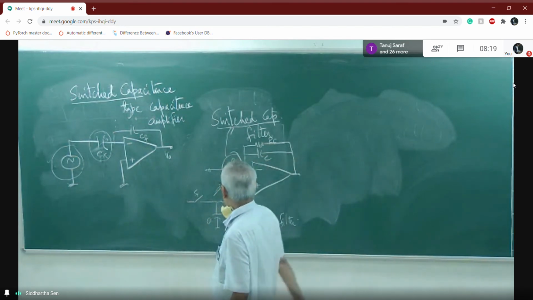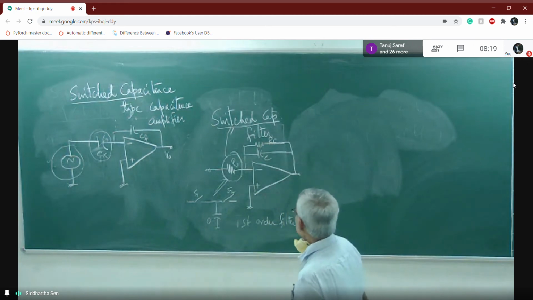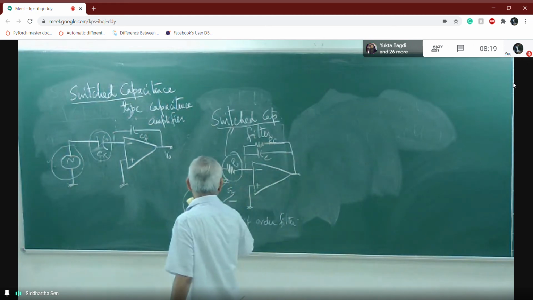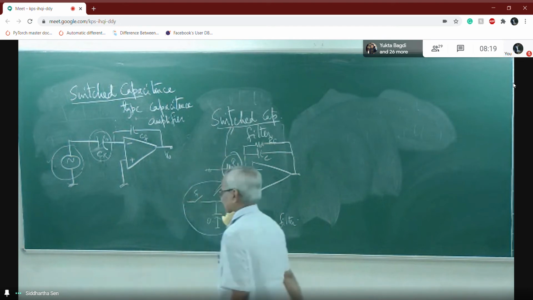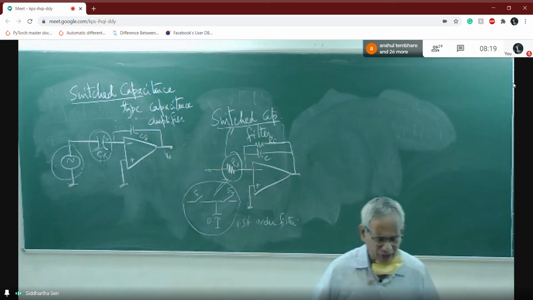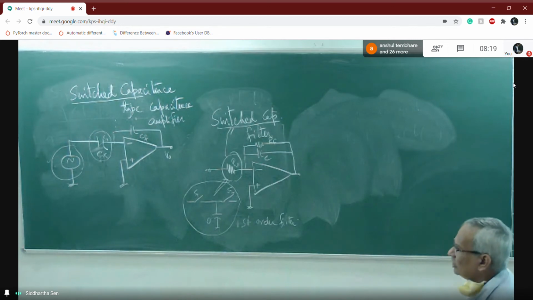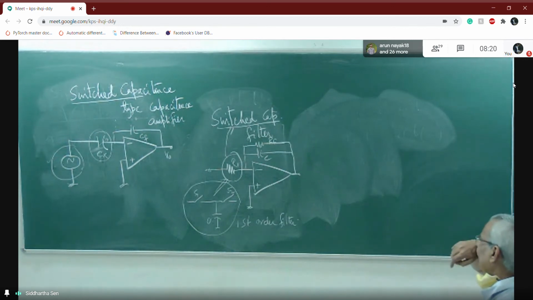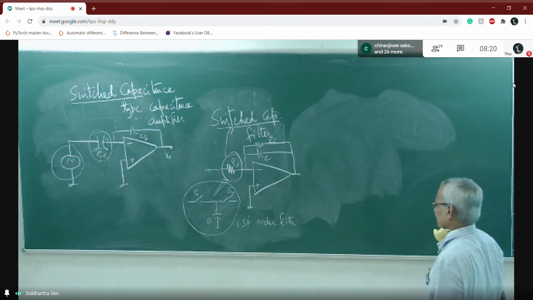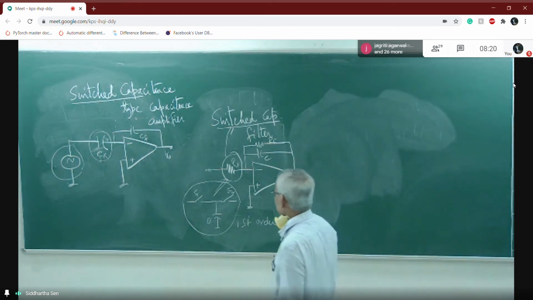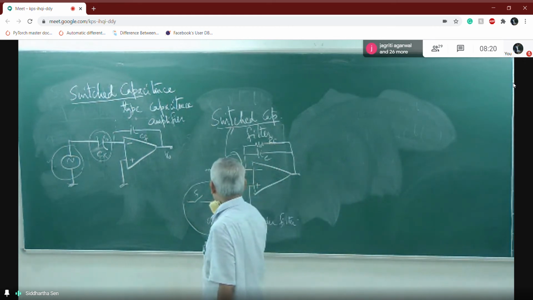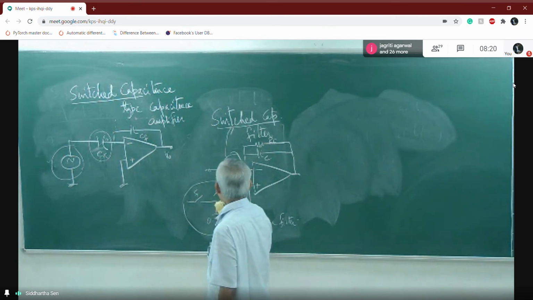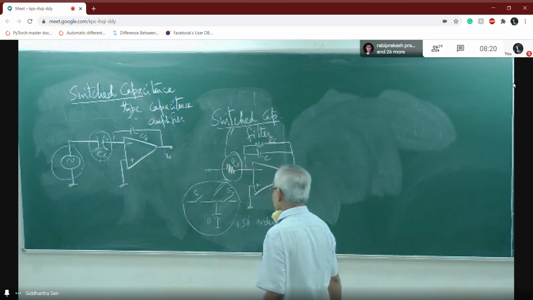It can be shown that this configuration represents a resistance. If you please go through any very basic book, you will find that you can replace the resistance using some sort of switch capacitance, with a capacitance and a few switches which have to be operated in sequence, one after another. Okay.